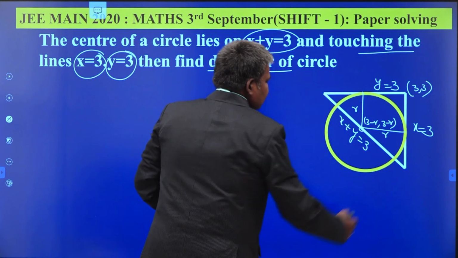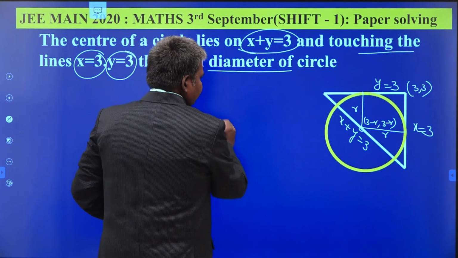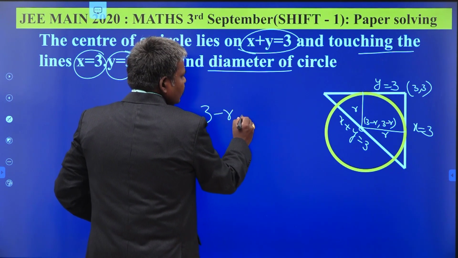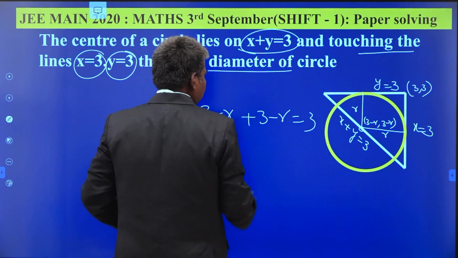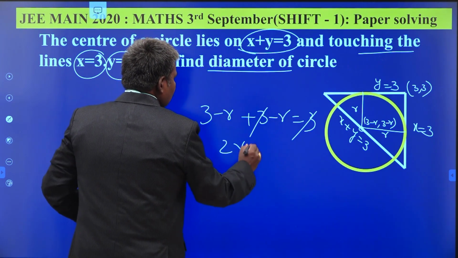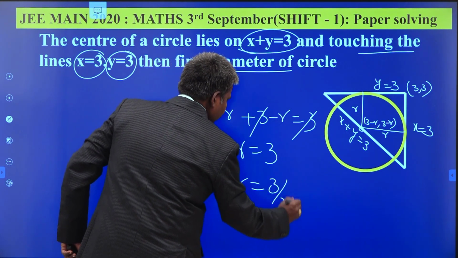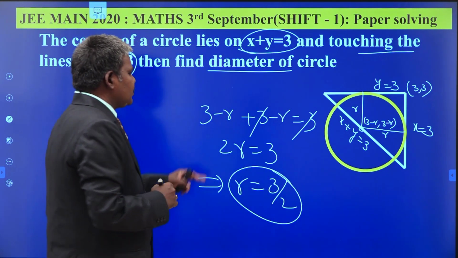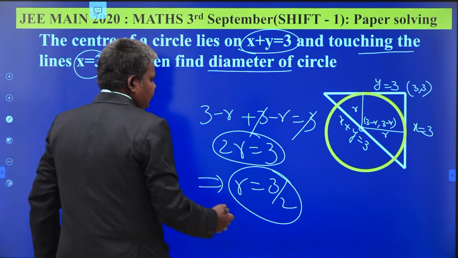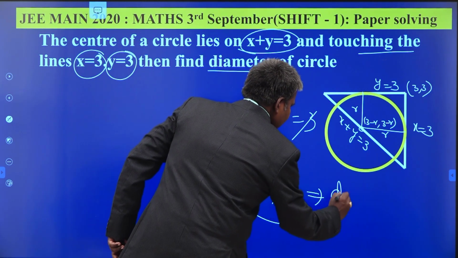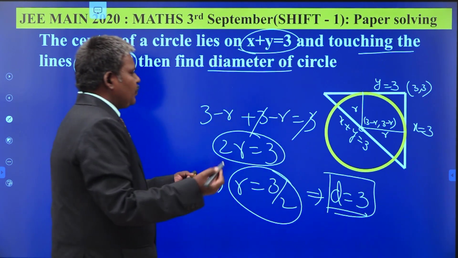It lies on what? x plus y equal to 3. Substitute the point in this line. 3 minus r plus 3 minus r is equal to 3. So 2r is equal to 3, which implies r is equal to 3 by 2. The value of r is equal to 3 by 2, so the diameter d is equal to 3 units. Simply we can say that.